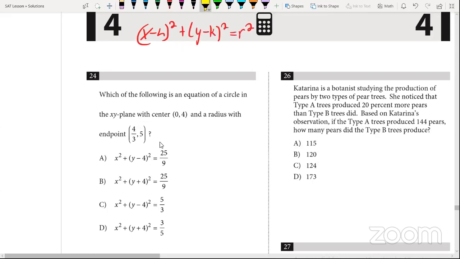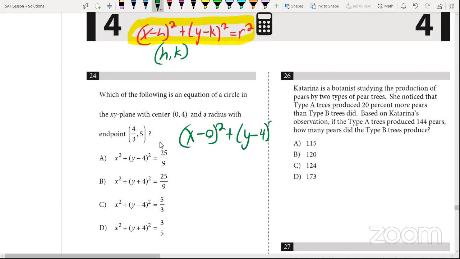So that's our equation of a circle, and the center of that equation is the h comma k. So x minus 0 squared plus y minus 4 squared equals r squared. Simplify that a little.